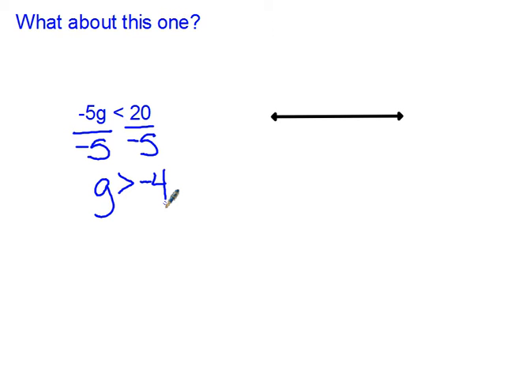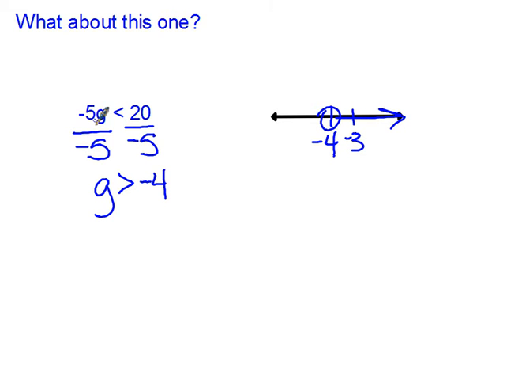So what we've got to think about whenever we're checking this, because I've been talking about checking in every slide so far, is that we need to pick a value in the solution set to see if it's going to work. So I need a value greater than negative 4. If we look at our quick graph, greater than negative 4 is going to be values that are to the right. And the first one that's there is going to be negative 3.